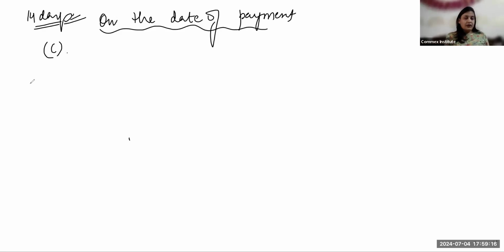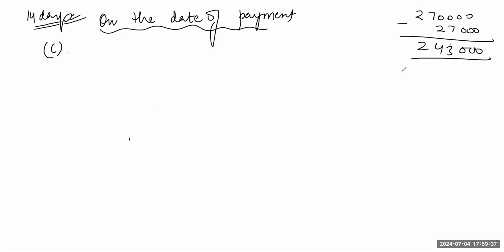That is fine, right? On the date of payment, we have the entry as now we had to make a payment of 2,70,000 minus 27,000, right? So that makes it 2,43,000. Ma'am, finally, payment had 2,43,000.